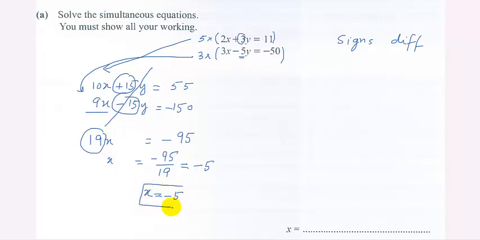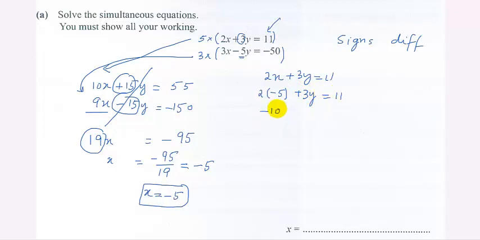So what I will do now, I will put this x equals minus 5 in any one equation, whatever you like. I will put it in the first one. The first equation is 2x plus 3y is equal to 11. So I will put x as minus 5: 2 times minus 5, plus 3y is equal to 11.